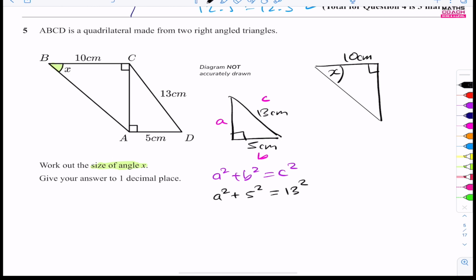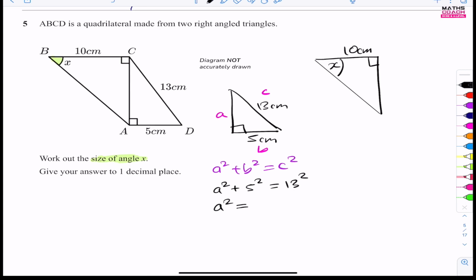which is 13 squared. If we rearrange that in terms of A squared, we take the 5 squared to the other side. You can work it out right there if you want to, or you can just take it to the other side. So 13 squared minus 5 squared, and that gives us 13 squared is 169 and 5 squared is 25.